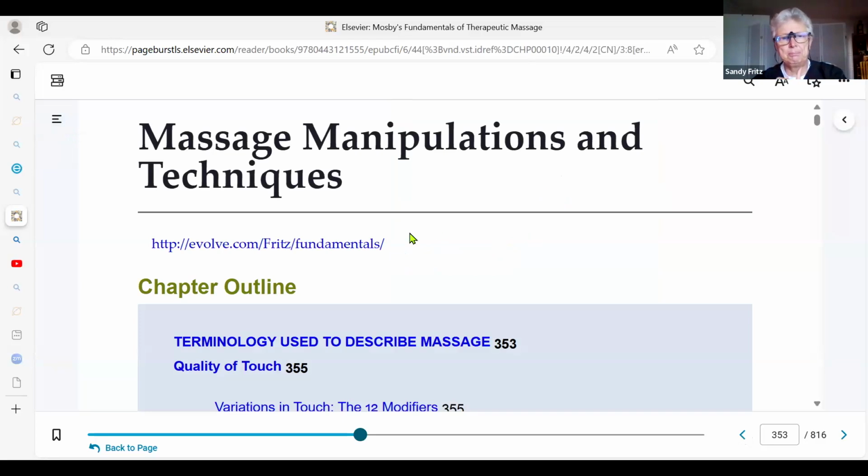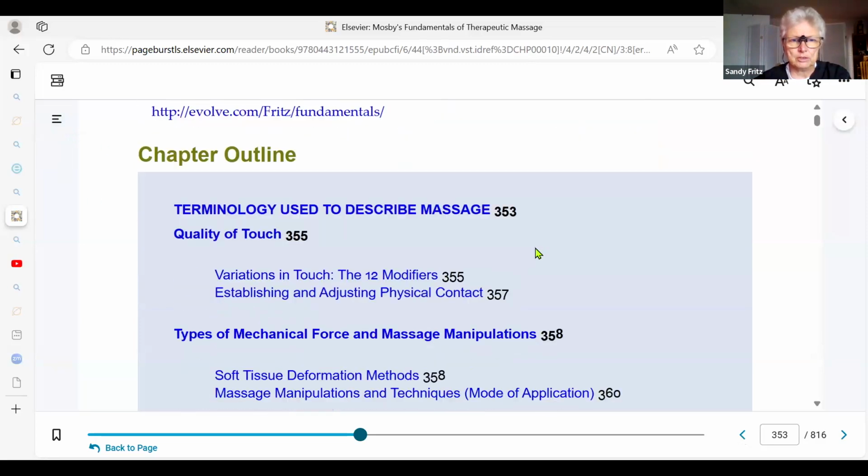So the biggest concern relative to this chapter is the language. We just, as a massage therapy community, don't use a consistent language. It's kind of like an essential science when we're studying the muscles.